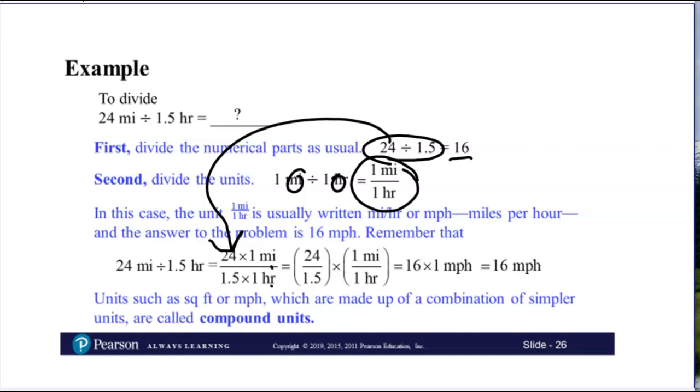So we multiply straight across, 24 miles times 1.5 hour, do the math separately, 16 by 1 mile per hour. Notice that this is a term that's all together. It took our miles and hours and gave us what they call a compound unit, or you'll also find this called a derived unit.